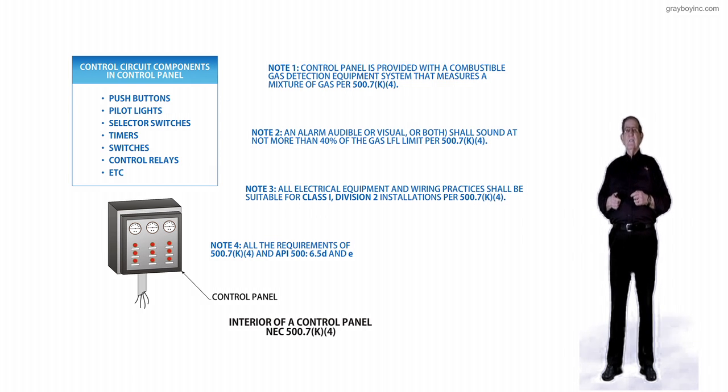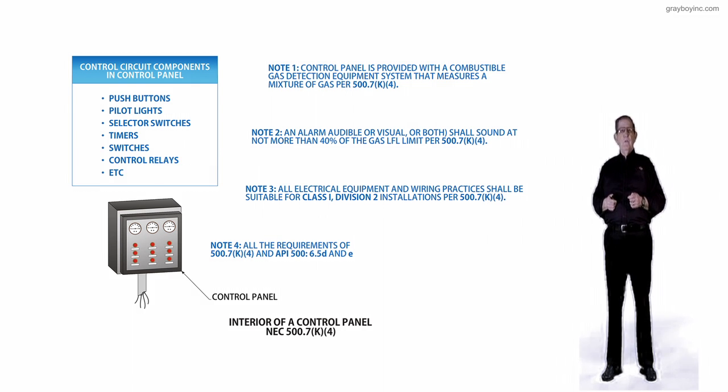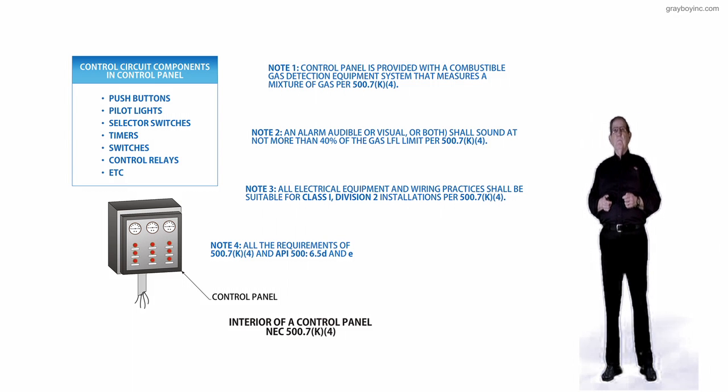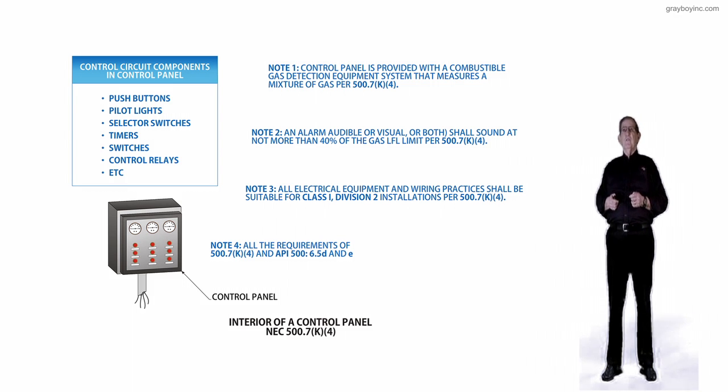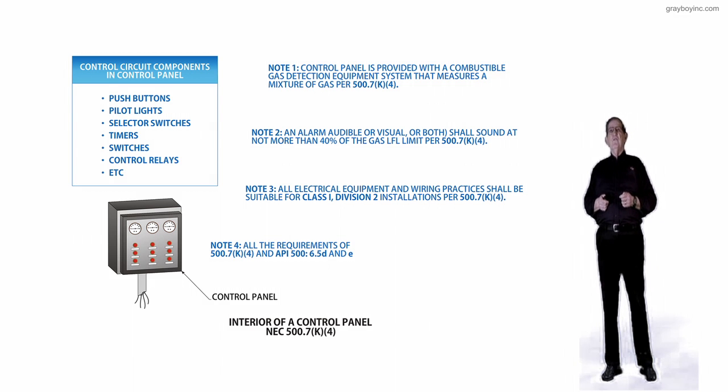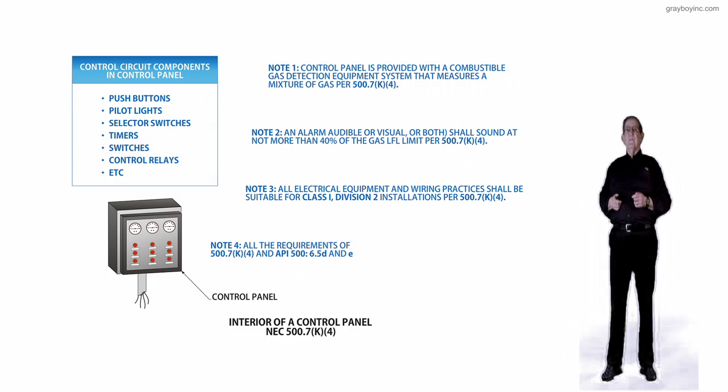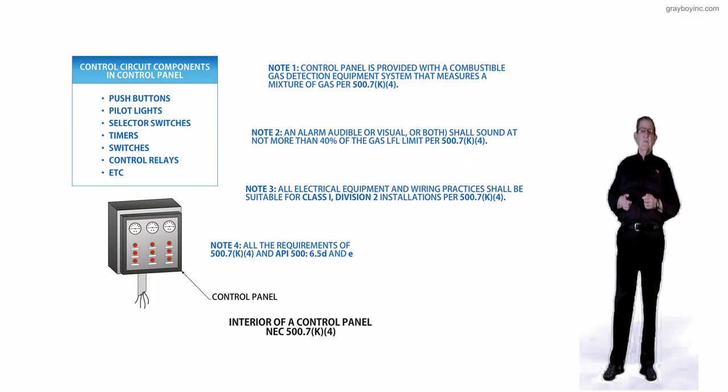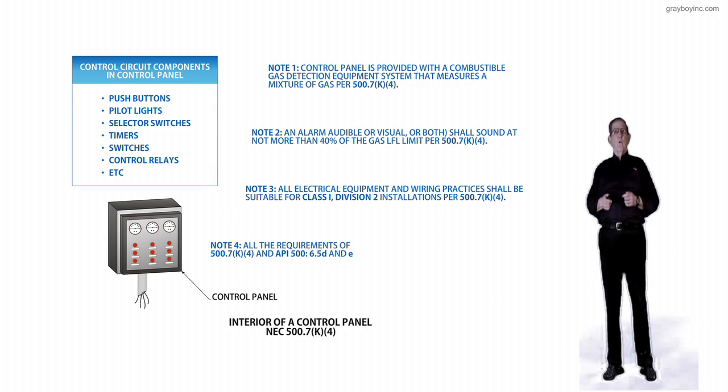Now, next I would like to review our notes, so let's start with Note 1 at the top, right-hand side of the illustration, and it states control panel is provided with combustible detection equipment system that measures a mixture of gas as outlined in 500.7(K)(4).